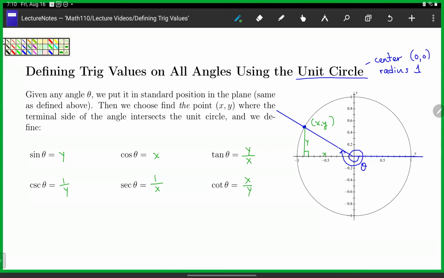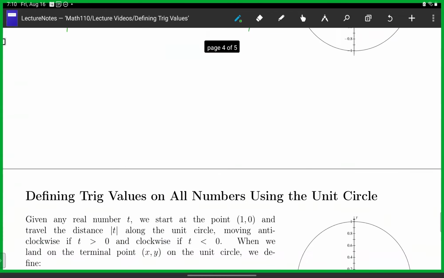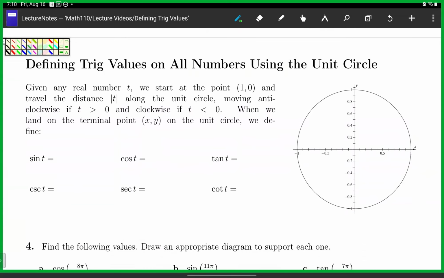The hypotenuse is a radius of this unit circle, so the hypotenuse is 1. So the sine of theta is opposite divided by hypotenuse, which is y divided by 1, which is y. It's good to know all of these definitions, and also that all of these definitions are the same definition.